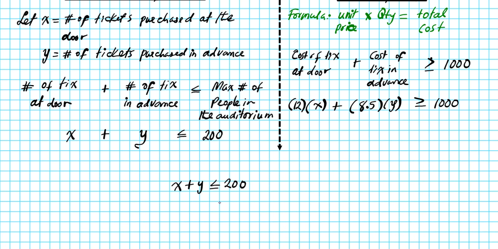That's the inequality for the number of tickets sold. And then we have 12x plus 8.5y greater than or equal to 1,000 for our inequality representing the revenue generated from selling tickets. So there goes the answer for the first part of problem 35.